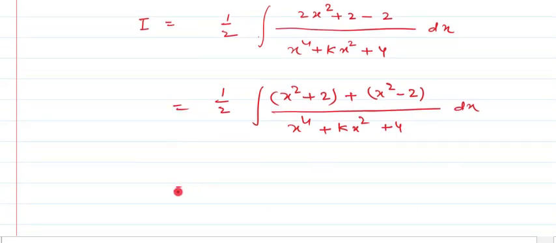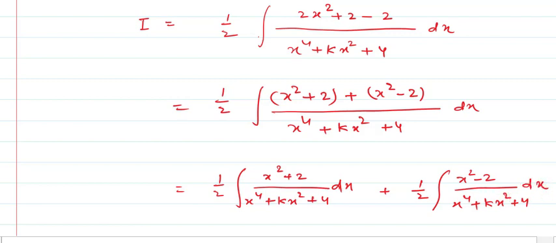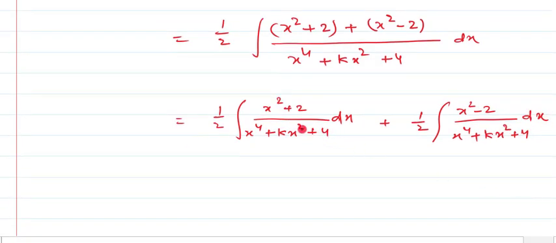Now again segregate the terms. So one integrand that we are getting is 1 upon 2 times x square plus 2 upon x power 4 plus kx square plus 4 dx, and another term that we are getting is 1 upon 2 times x square minus 2 upon x power 4 plus kx square plus 4 dx. Now the question is same as just we have done. Step number 1, divide numerator and denominator by x square.